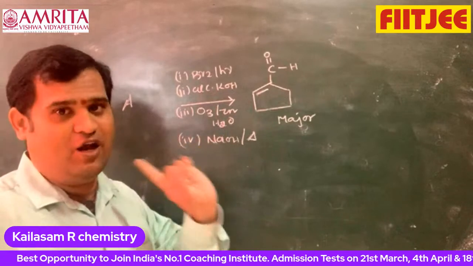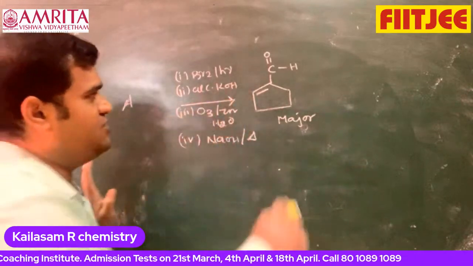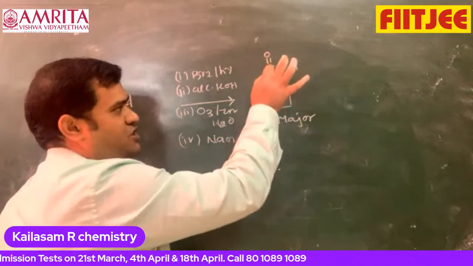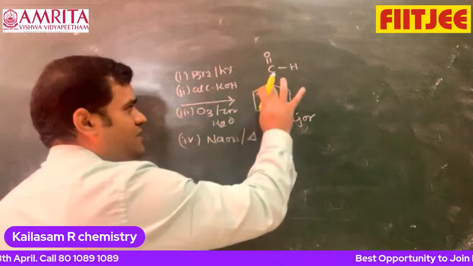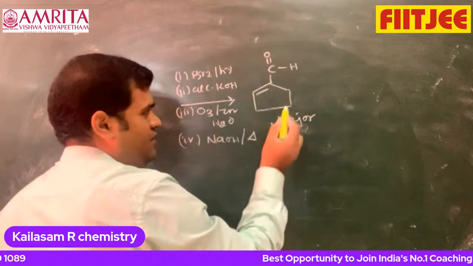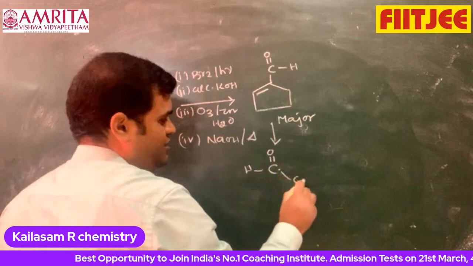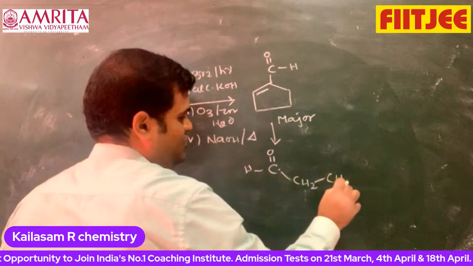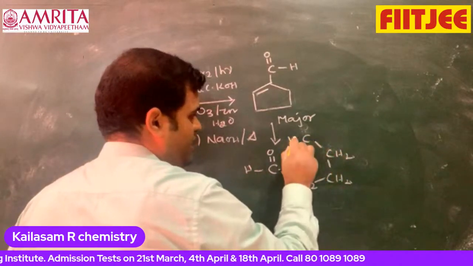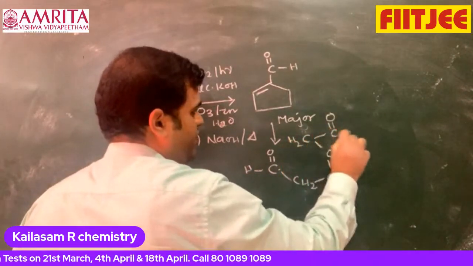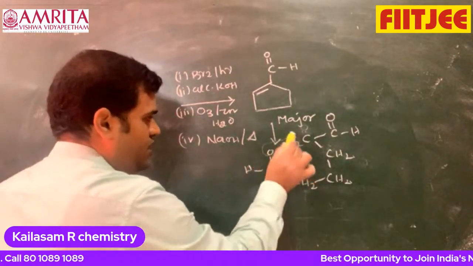You make it here as O, and wherever the carbon is attached, there you make it H. I'll get C double bond O H, CH2, CH2, CH2, CH2, C double bond OH. Now if I remove that water molecule, I get this molecule.